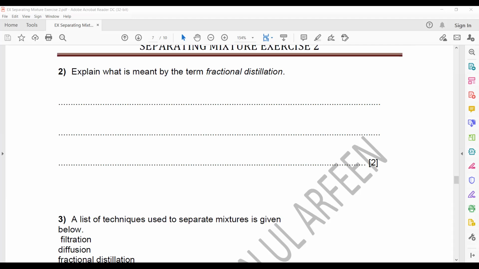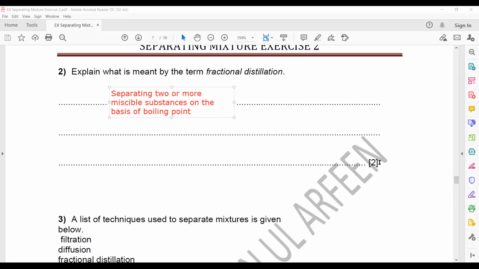It's a separation of two or more substances on the basis of boiling point, is known as fractional distillation.